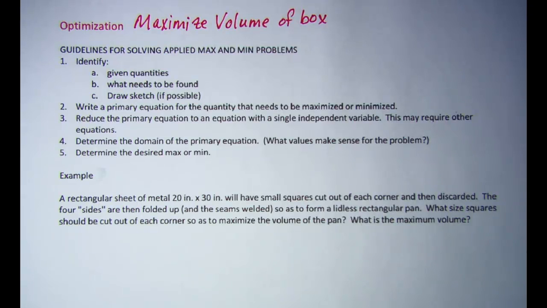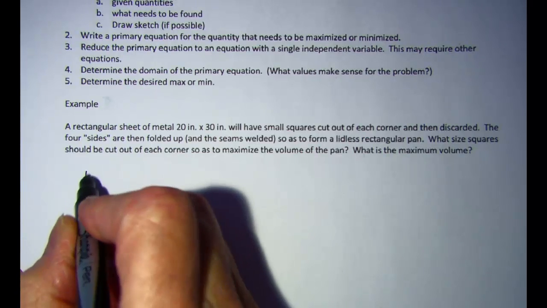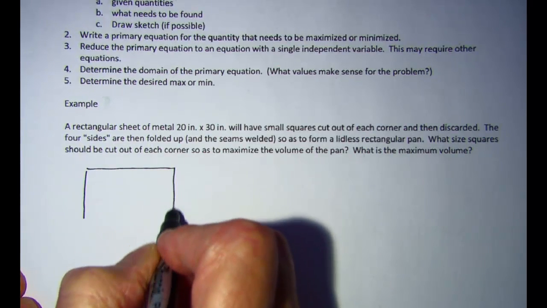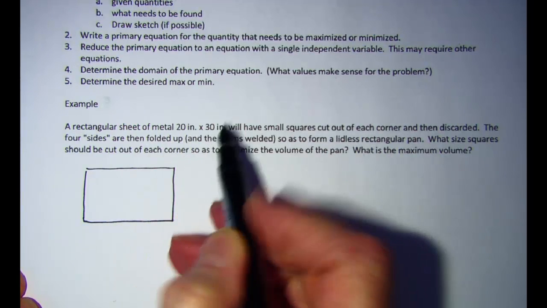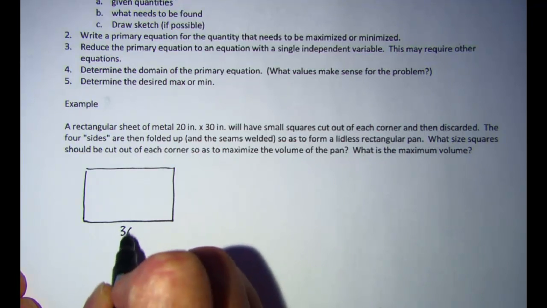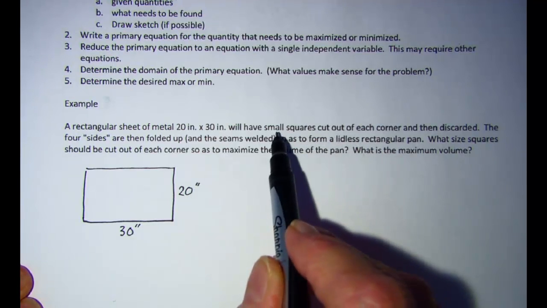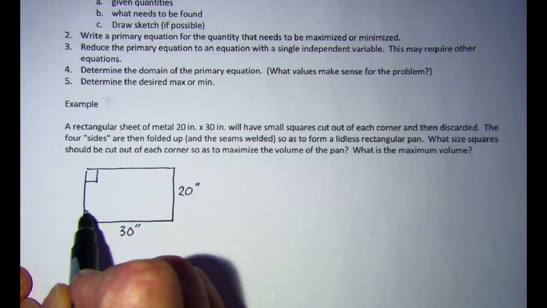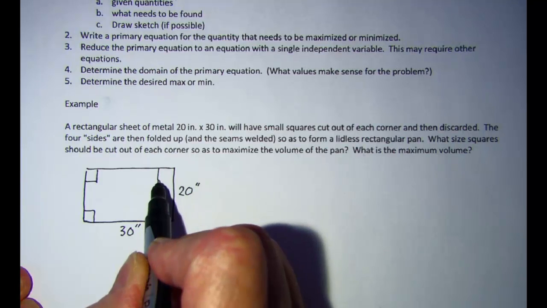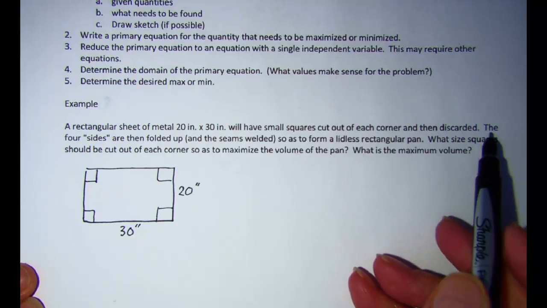So let's draw a sketch of what we're given. We have a rectangular sheet of metal with dimensions 20 inches by 30 inches. And we're going to cut small squares out of the corners, and then throw those away.